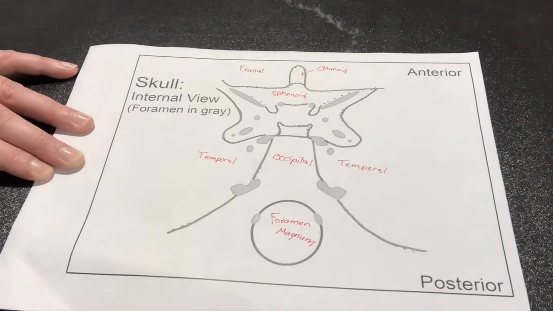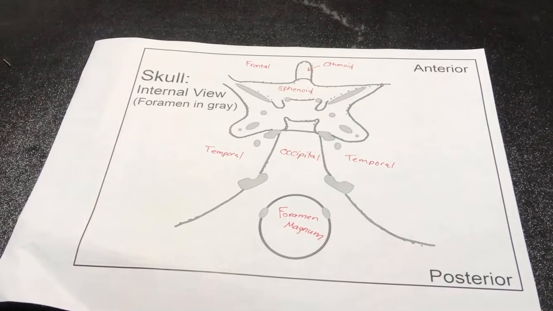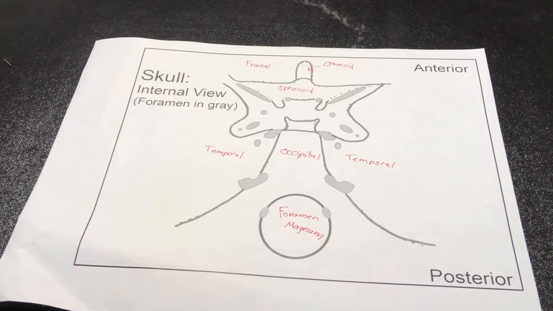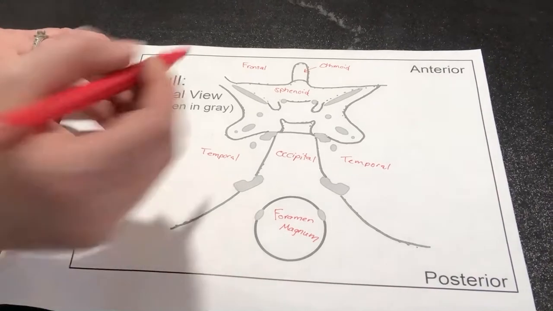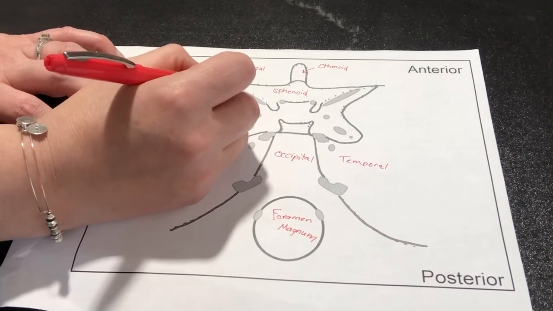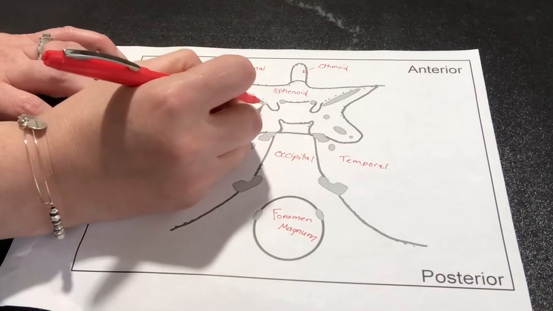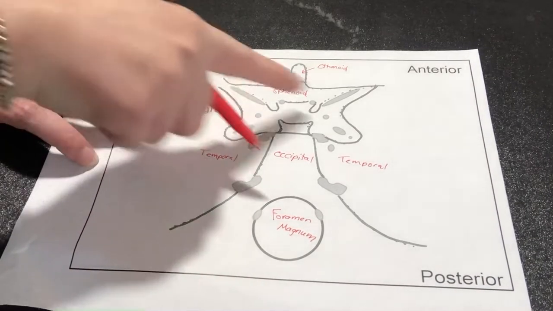So from there, we can go through and name the openings within the skull. Let's start anterior and work our way posterior. The anterior-most opening that we're seeing in this image and in a skull is long and slit-like inside the sphenoid bone.